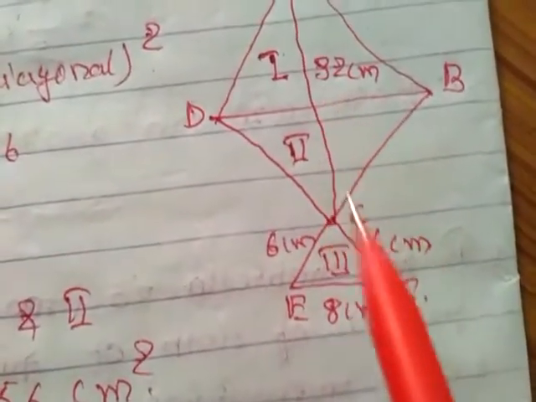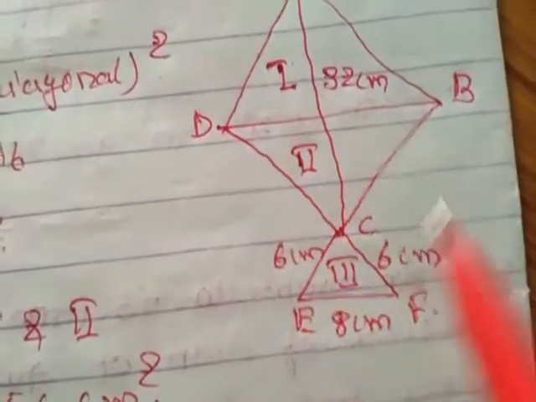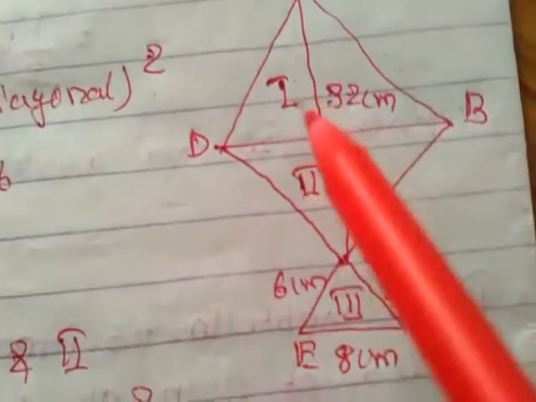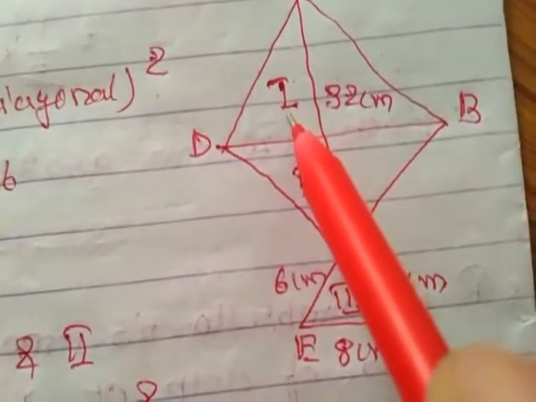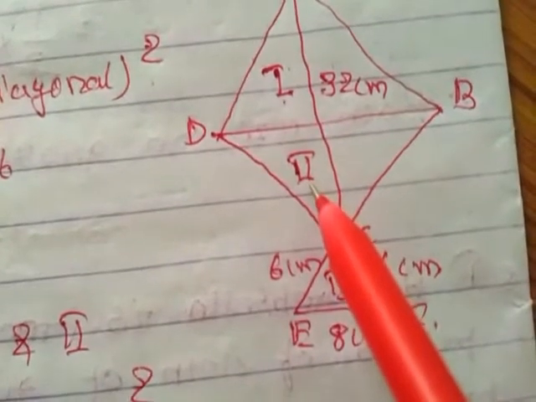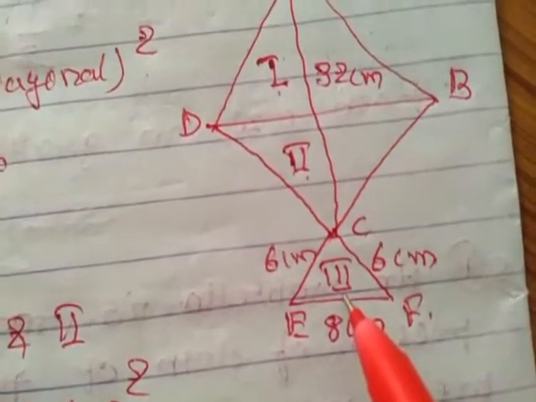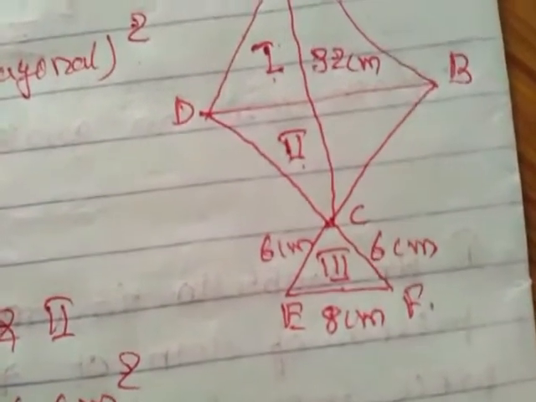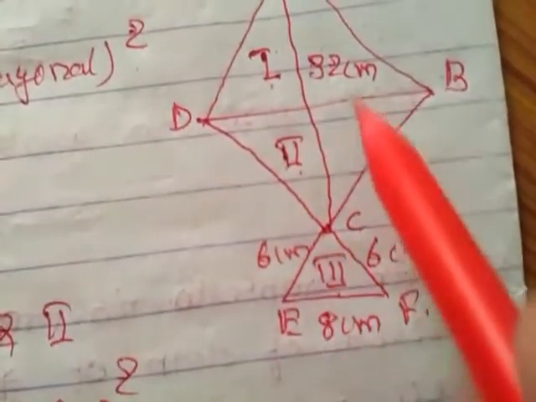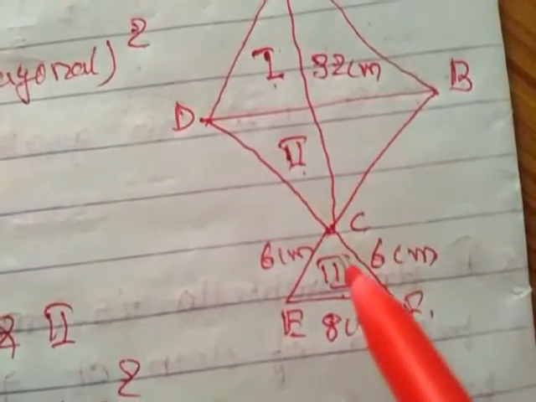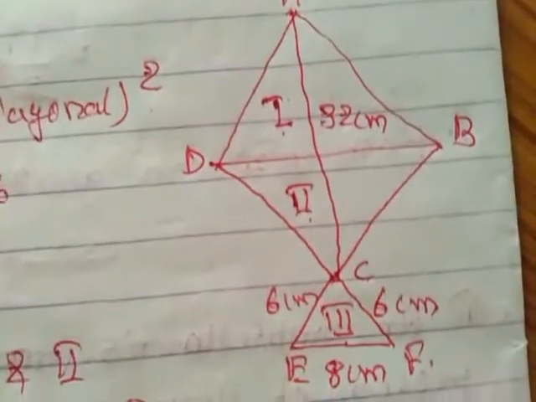Now this kite has used 3 shades, that is 3 different colors. This one represents one shade, 2 represents another shade, and this part 3 represents another shade. Now we have to find the area of each shade that has been used in this kite.